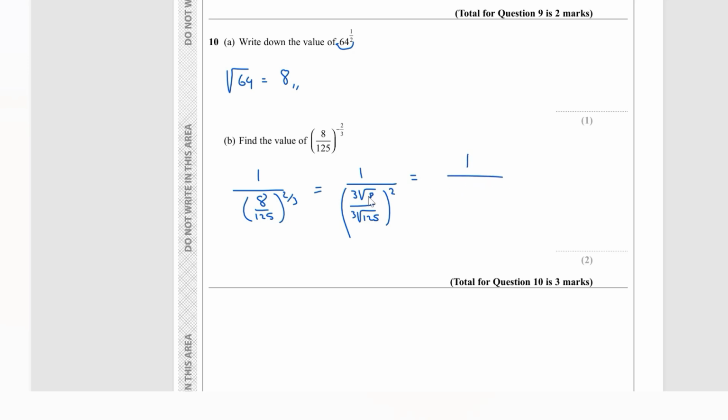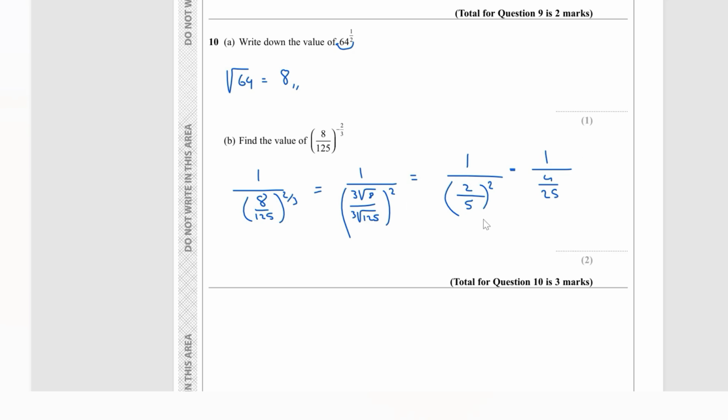So the cube root of 8 is 2. And the cube root of 125 is 5. And then we just need to square this fraction. So that will give us 1 over 2 squared, which is 4, over 5 squared, which is 25.